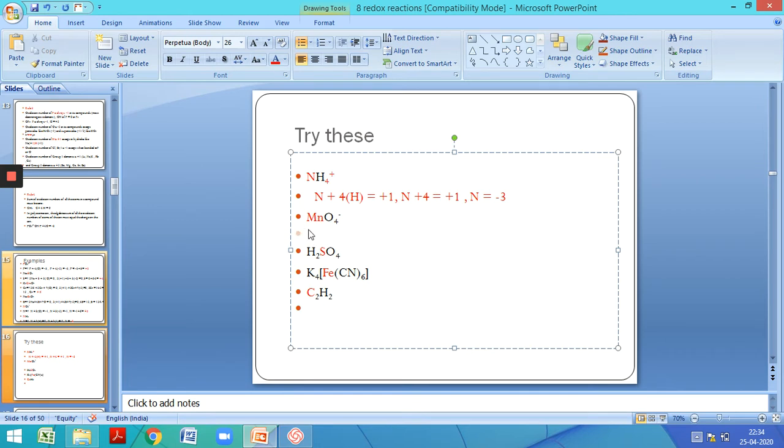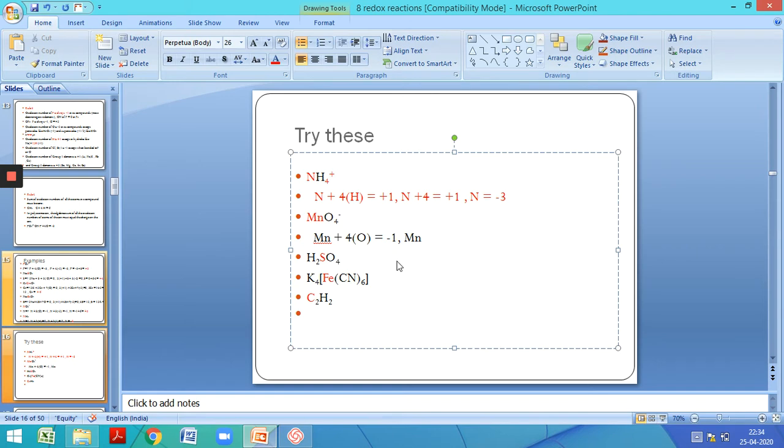For permanganate ion, the oxidation number of manganese in that. So manganese plus 4 times the oxidation number of oxygen is equal to the charge on the ion, which is -1.